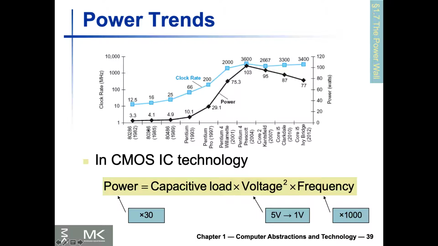In the 80s, they were just going up in the clock rate, the blue line. And at the same time, the power would follow almost the same trend up to the point of Pentium 4. I'm not sure if you recall it, it is from my age. When I was perhaps in primary school, perhaps.